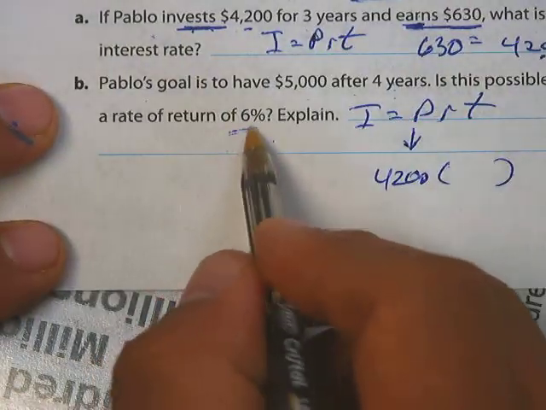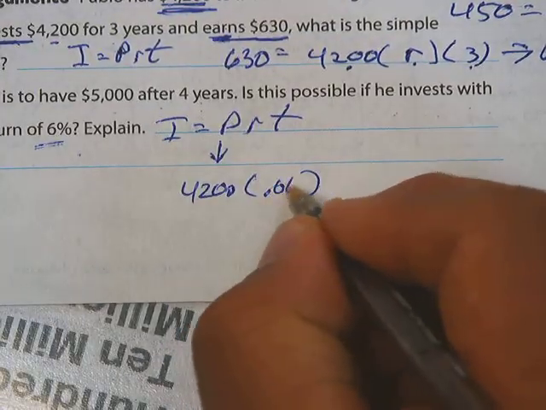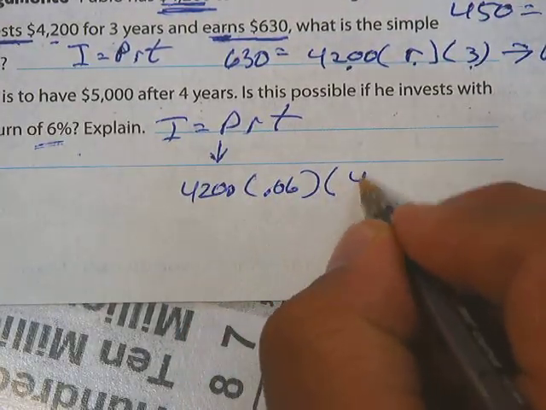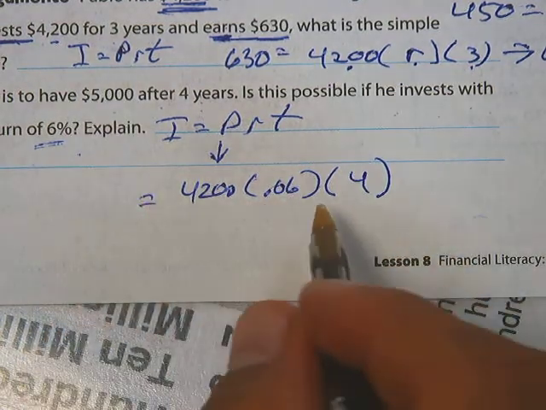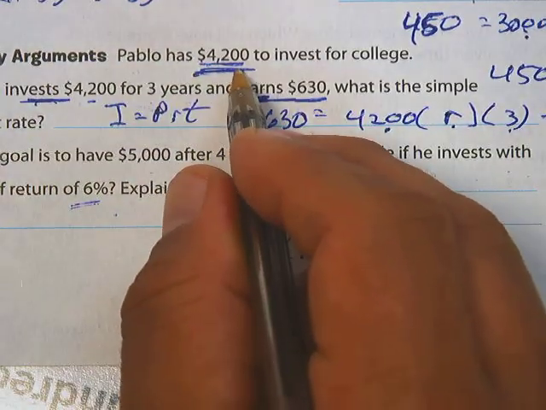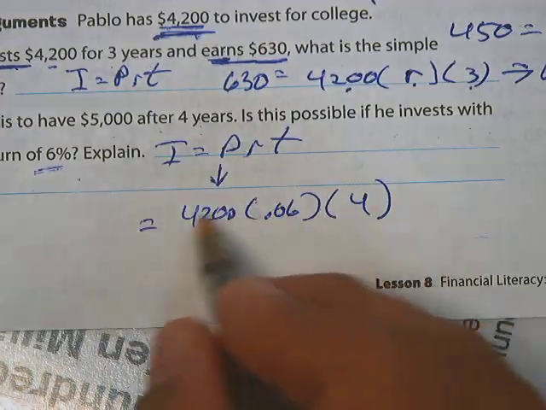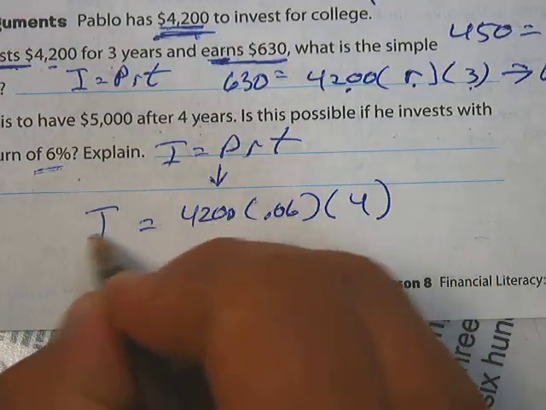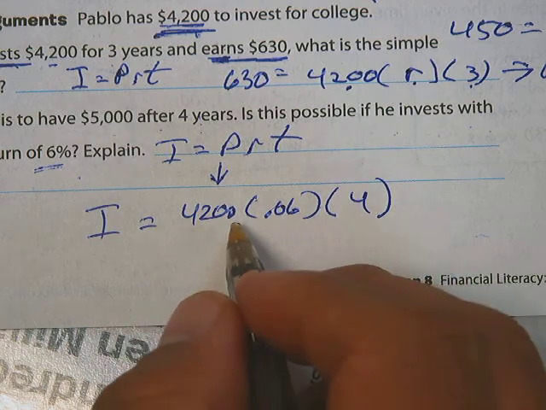So if he's doing this, his investment is the same, 4,200. It's giving you the rate also. Look, 6%. So that's 0.06. It's giving you the years, 4 years.